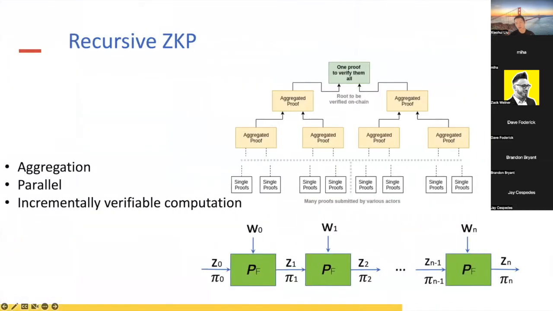Okay, so we see a concrete example, but now let's get a little bit more high level. So why do people even want to do the recursive zero knowledge, and what are the more practical benefits you can get from them? I think I listed 3 things here.